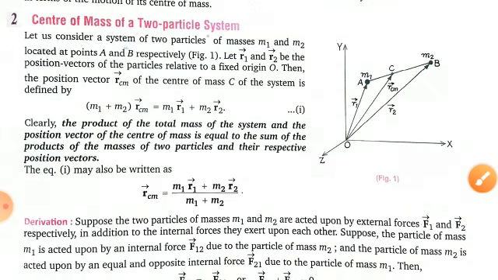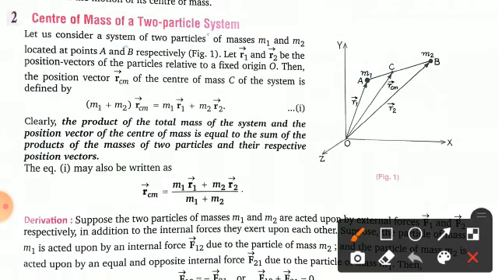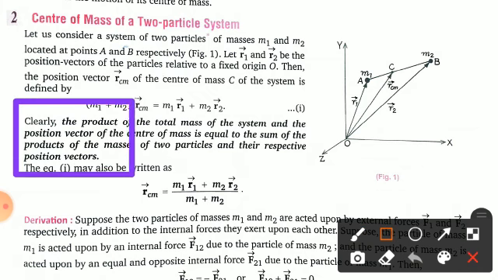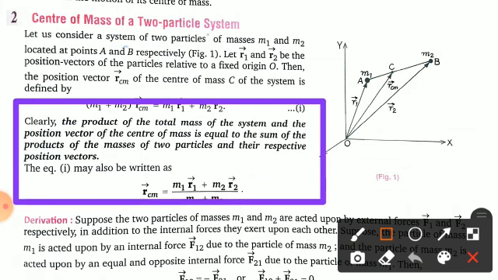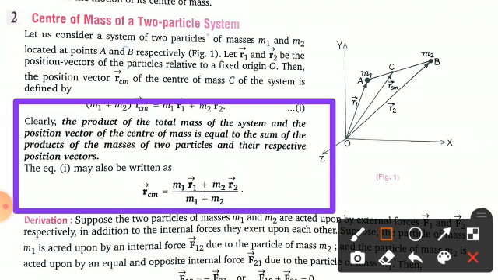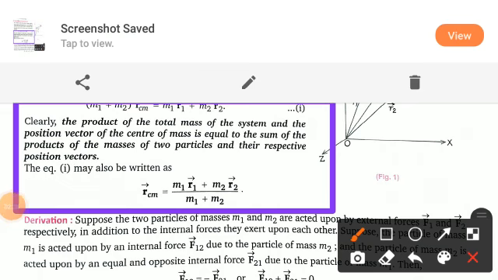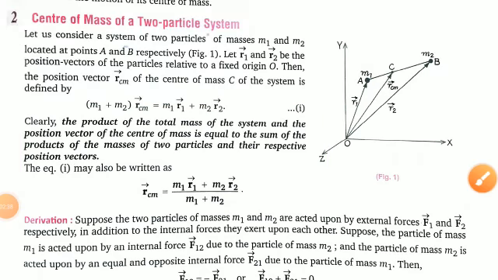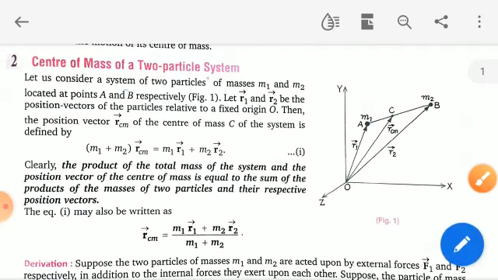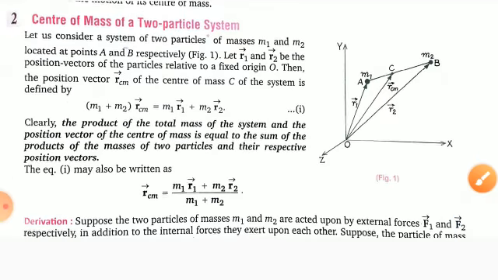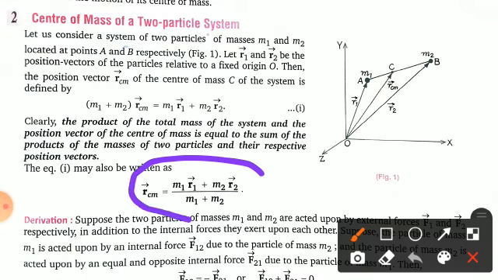This is the definition: the product of the total mass of the system and the position vector of the center of mass is equal to the sum of the products of the masses of the two particles and their respective position vectors. So finally, R_CM equals (m1 r1 vector plus m2 r2 vector) divided by (m1 + m2).